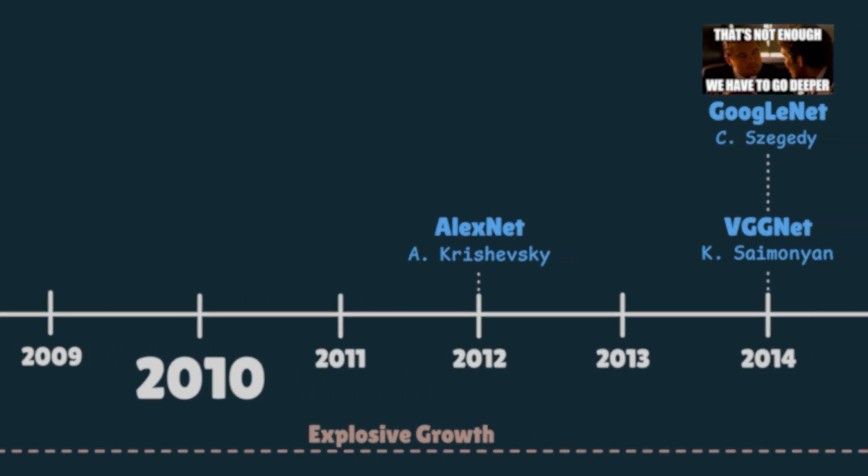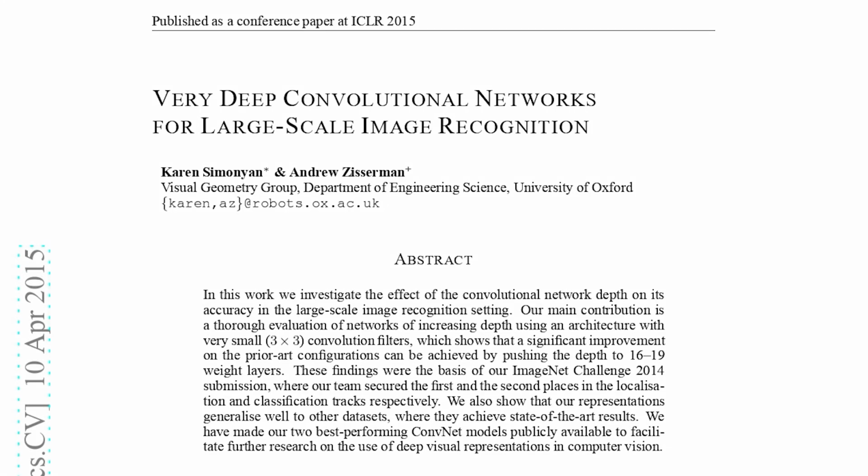Now, jumping forward to 2014, another great architecture was introduced, the VGGNet. Developed by the Visual Geometry Group at Oxford University, it introduced a simpler but deeper architecture. The VGGNet used very small 3x3 convolutional filters throughout the whole network, which was a deliberate choice to reduce the number of parameters while increasing the network depth.